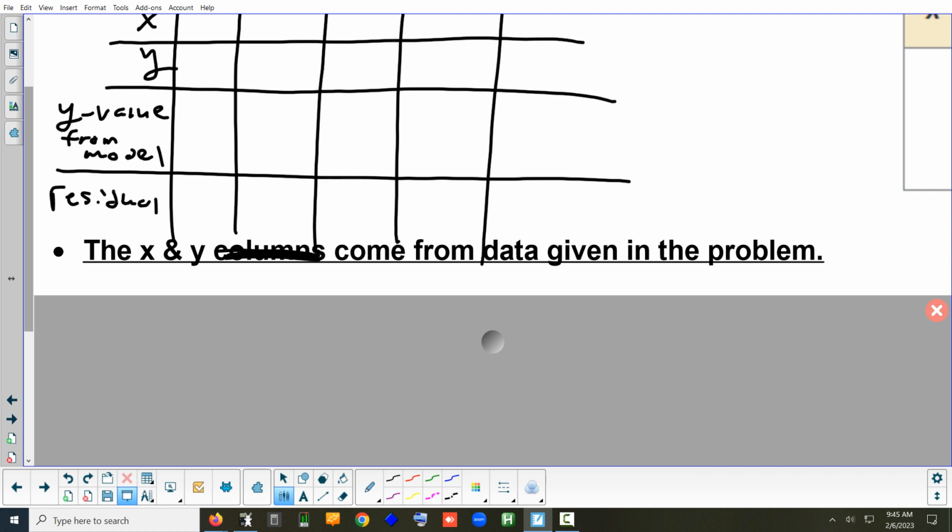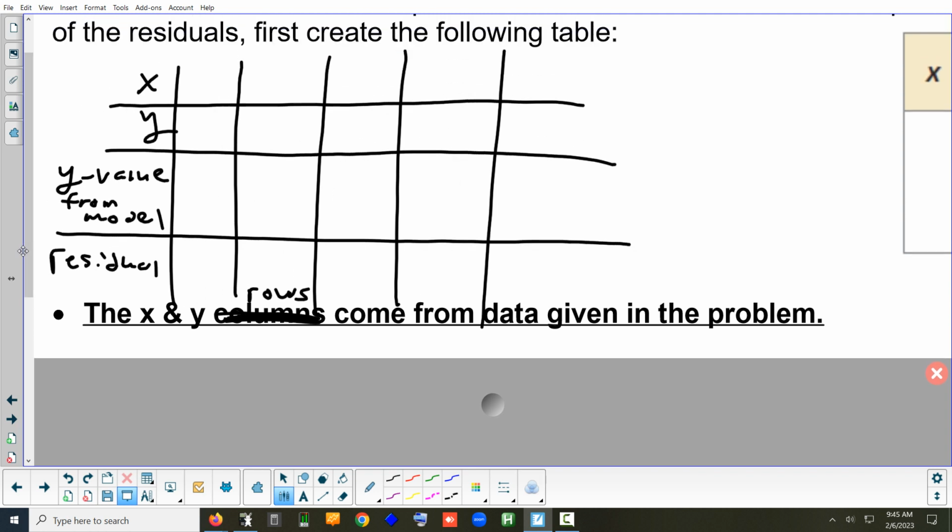And since I changed it a little bit, I'm just going to change this to rows. So your first bullet should say the X and the Y rows come from the data in the problem. To fill out, we'll call this row 1 and 2. There's no calculation.